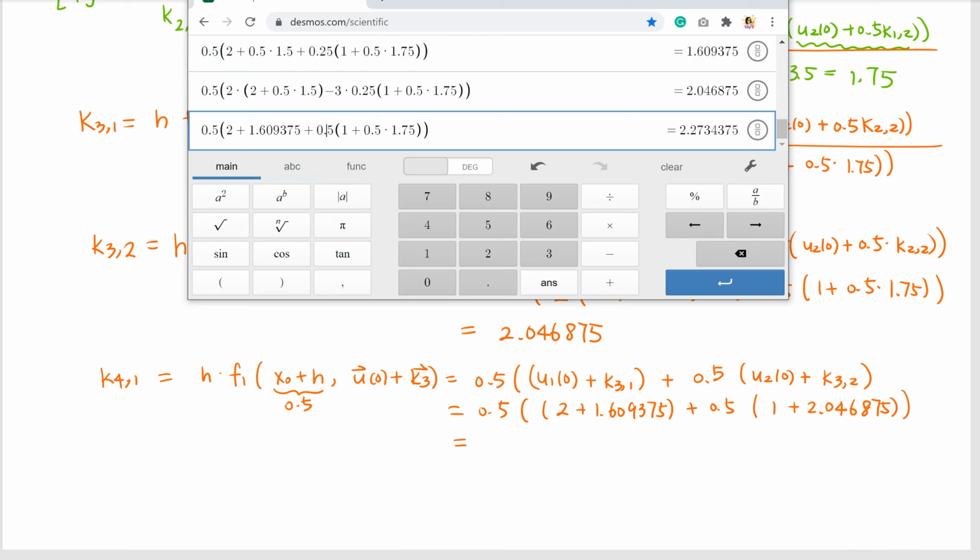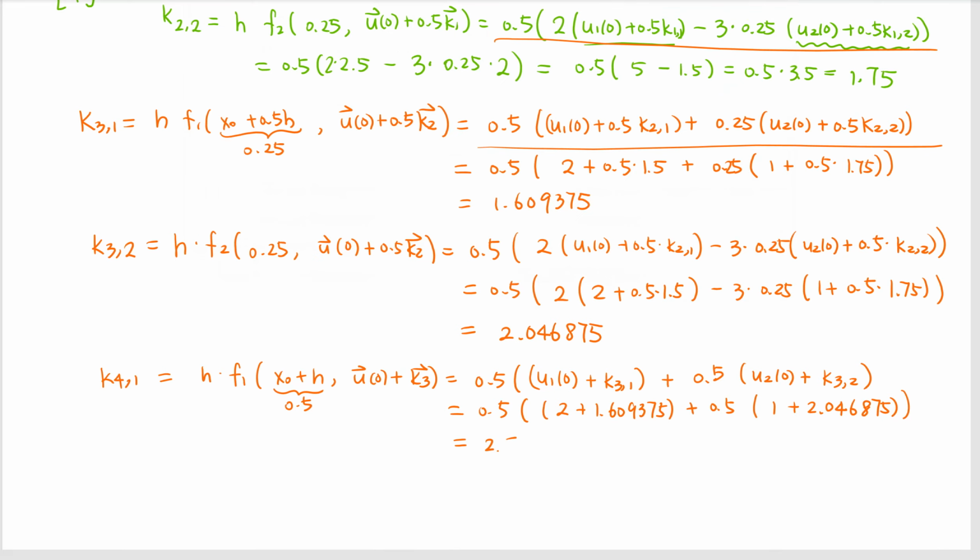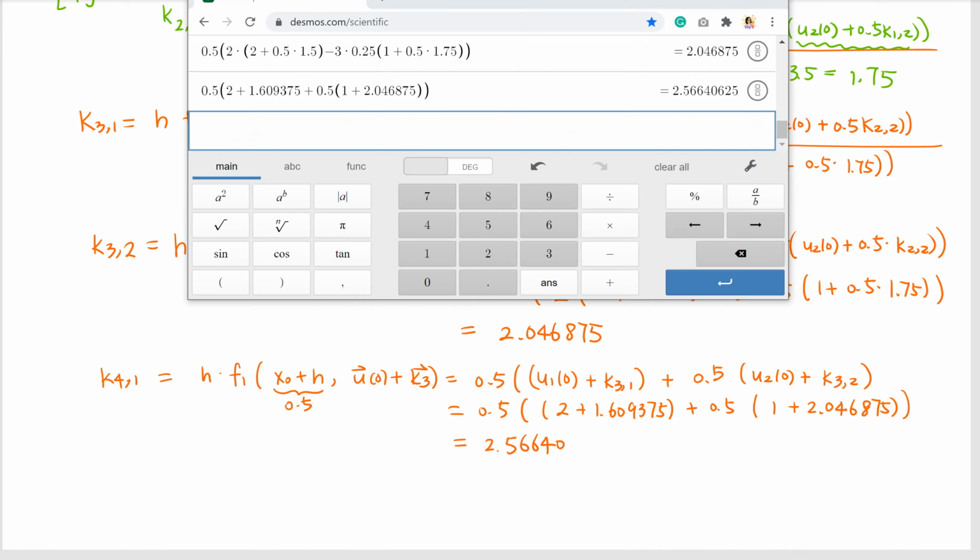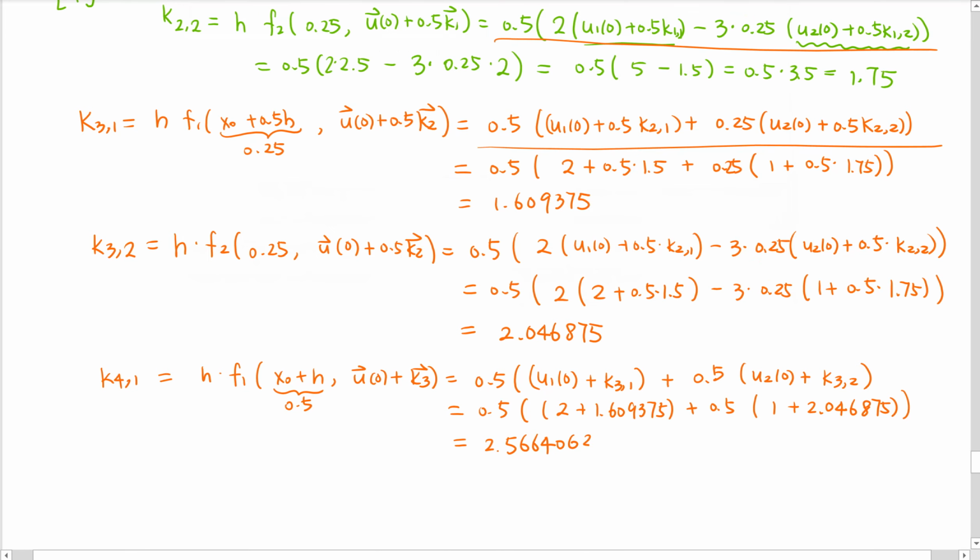Okay, so you just compare which one is the same, then we don't change it. Which one is different, we change it. Then we don't need to retype everything again. Okay, so 2.6640625.